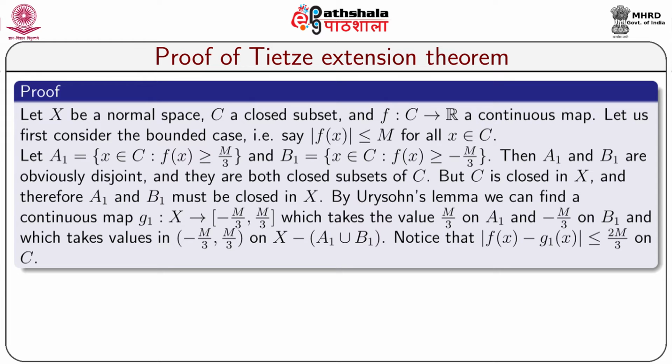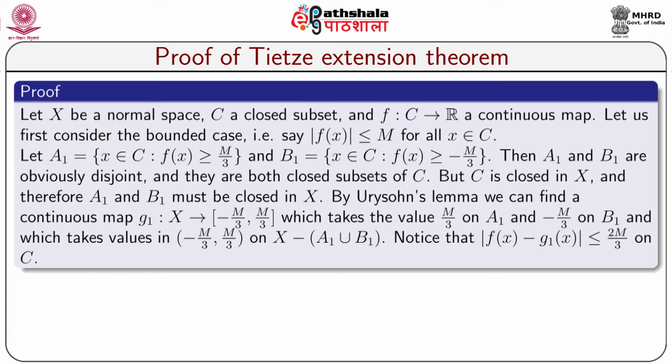Now, both A1 and B1 are closed subsets of C, but C is closed in X and therefore, A1 and B1 must be closed in X.